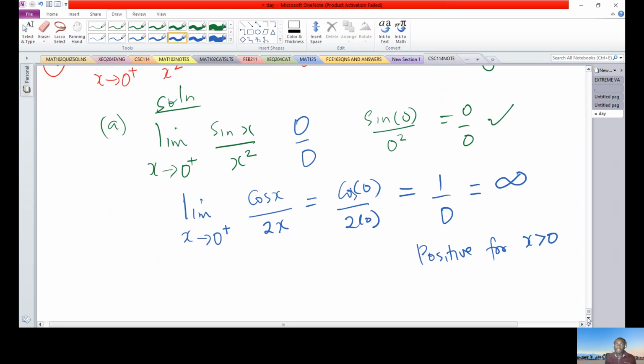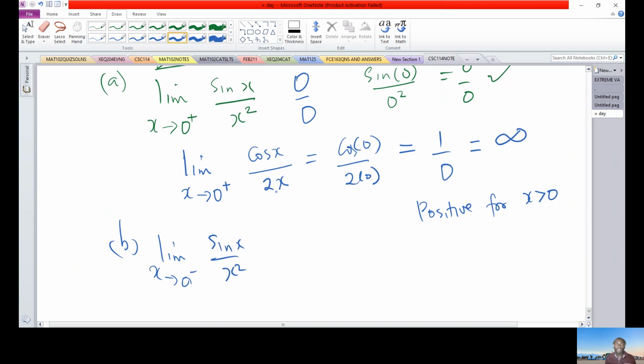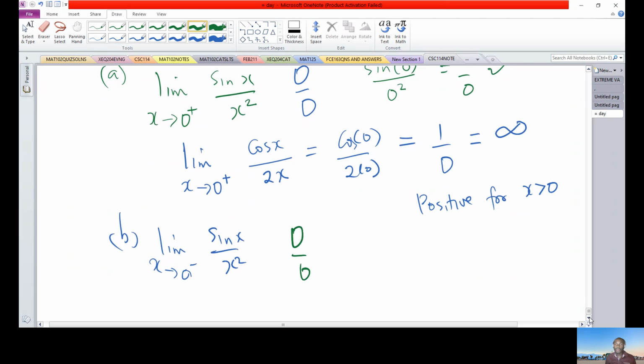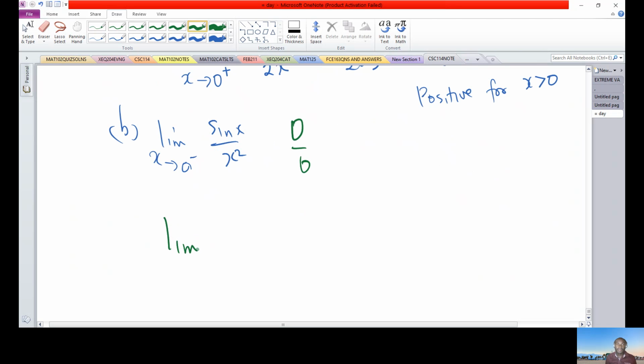And then the second problem, B: the limit as x approaches 0 from the left of sine of x over x squared. As we tested in the first example, it is the same function, so this is the same 0 over 0 case. So L'Hospital's rule applies. Now we'll have the limit as x approaches 0 from the left.